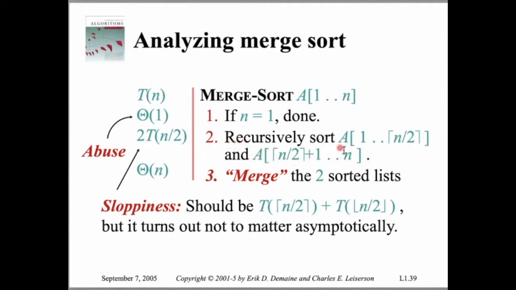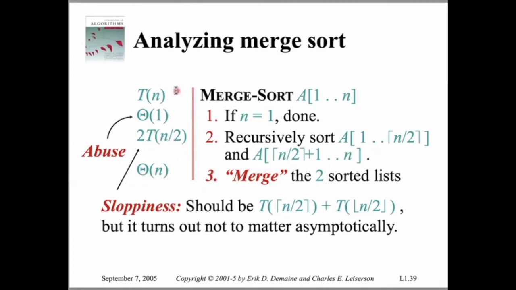So, the total running time of this will be 2 times T of n over 2, because the expected input size of the recursive part is less. In fact, it is only half. So we can represent this line as 2 times T of n over 2. And then we have the third step as theta of n.